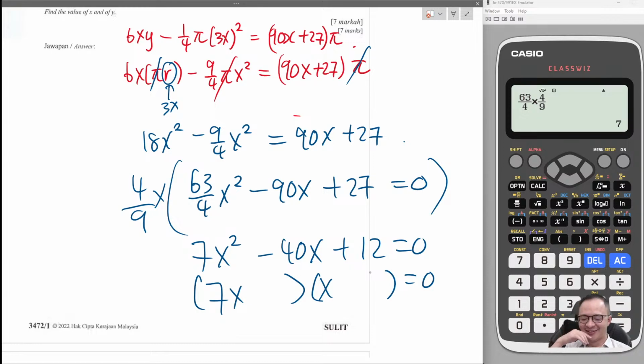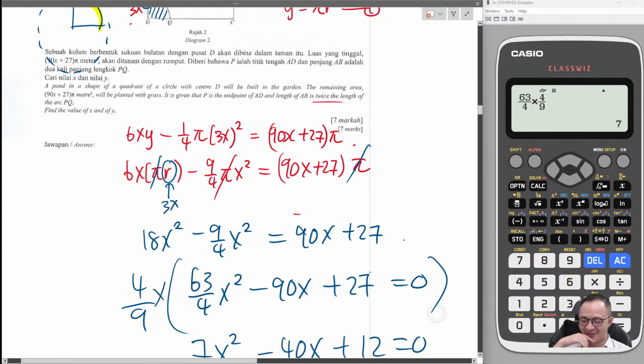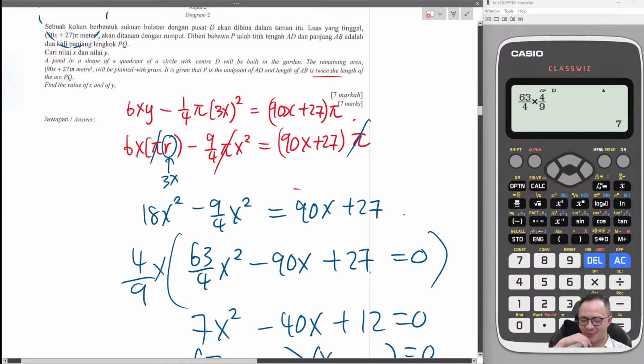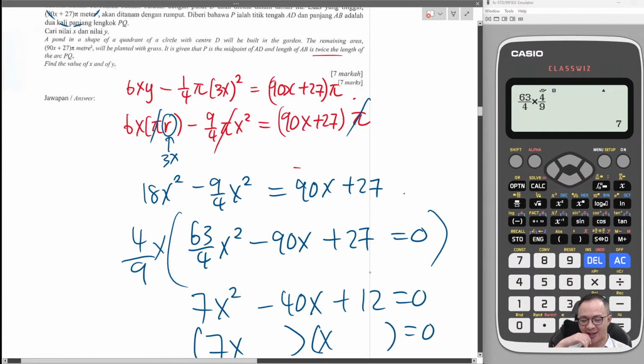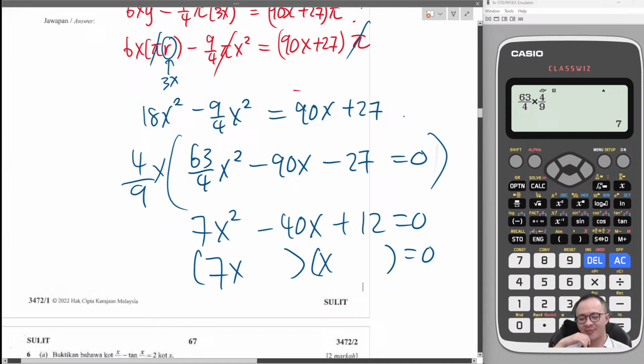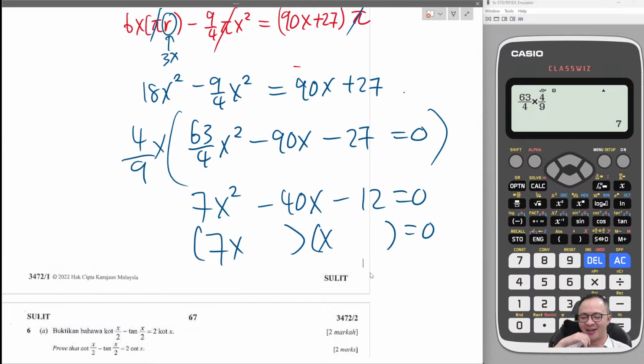No. Is it negative 20? Yeah, this is negative 27. Sorry, so this is negative. Okay, then that is correct. If not, I cannot solve. Okay, so this one is negative, this one is positive. So x equals to negative 2 over 7.